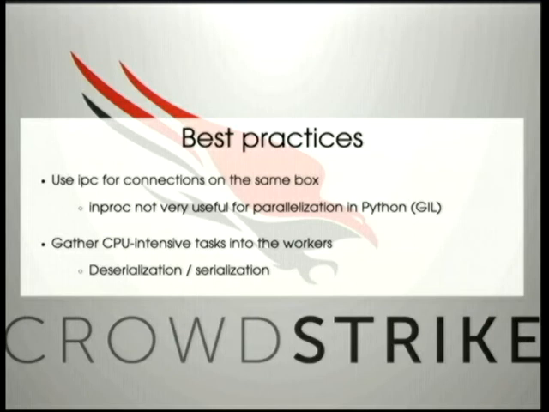This last item, that you want to make the ventilator or the collector be really dumb. They just do really simple things, pushing things out to their distribution set. Any deserialization or serialization of the data you want to do in the workers, because the top and bottom of the pipeline are usually just a single process. So those can quickly become bottlenecks if you try to do too much in those.